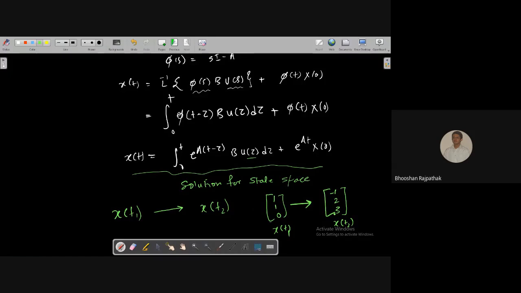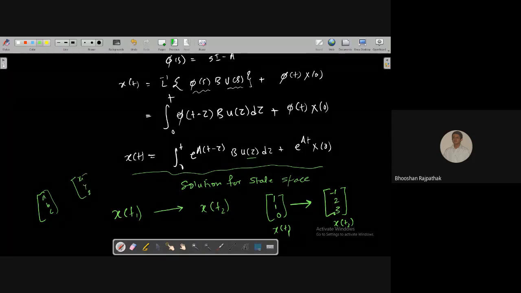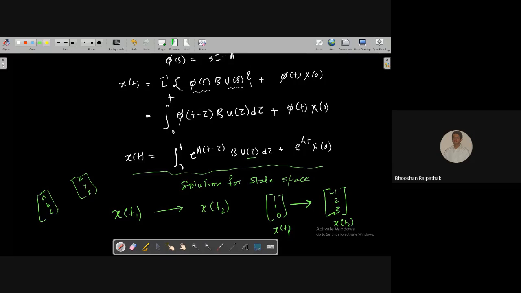If this is possible, then I am saying from any A, B, C, some initial value, to some X, Y, Z final value, arbitrary. So arbitrary changes from any given initial to any final in finite time. Is it possible? If it is possible, then the system is called controllable. Okay, so I will write this on the next page.